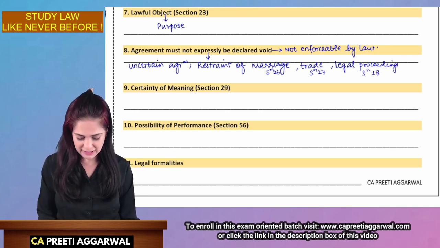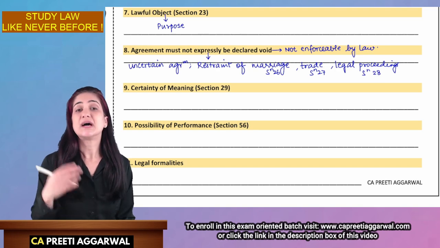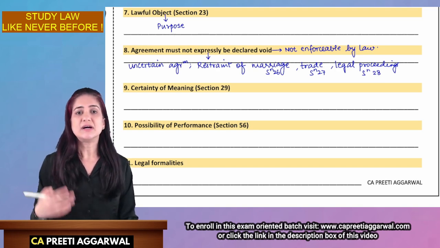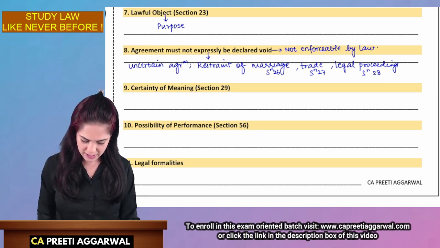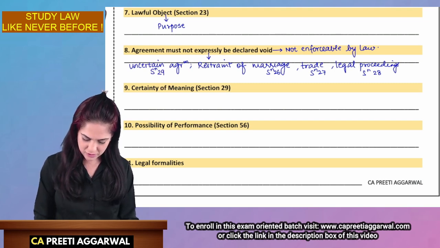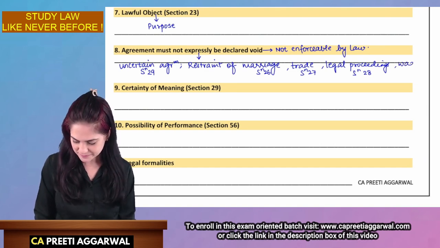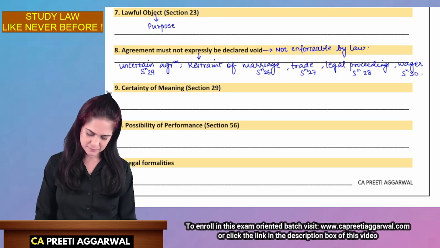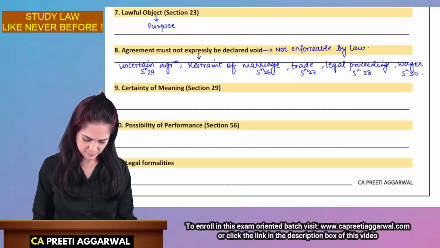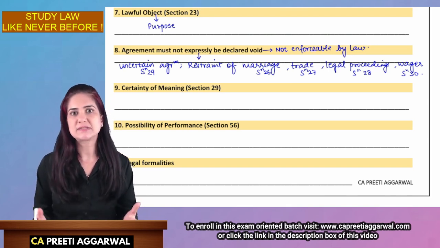This is how we revise the section numbers. Restraint of marriage, 26. Trade, 27. Legal proceeding, 28. Uncertain, 29. Wager, section 30. So your agreement must not be expressly void.